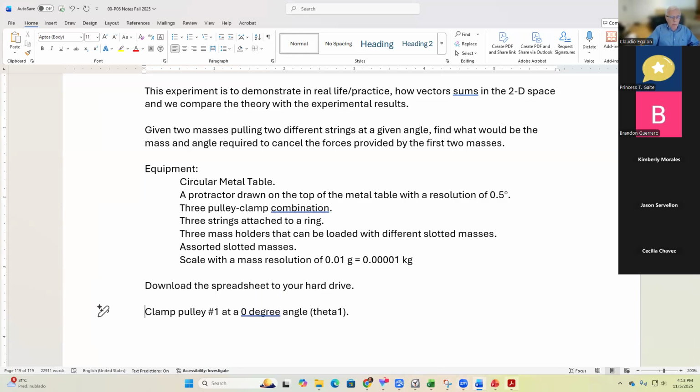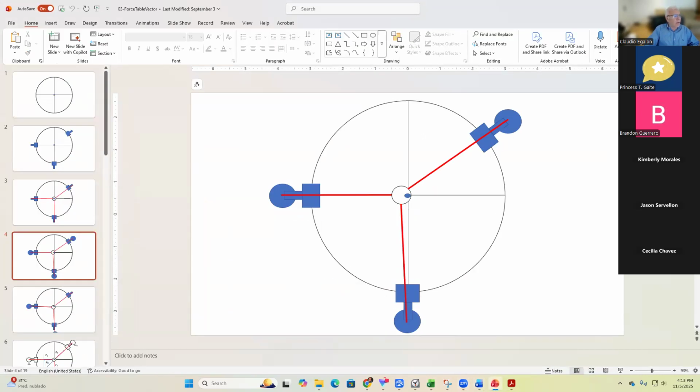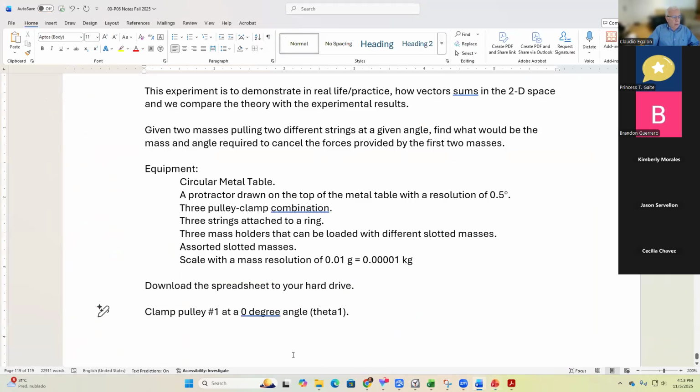And again, how do we do the experiment? First, we clamp pulley number 1 at 0 degrees. Then we clamp pulley number 2 at the 90-degree angle.